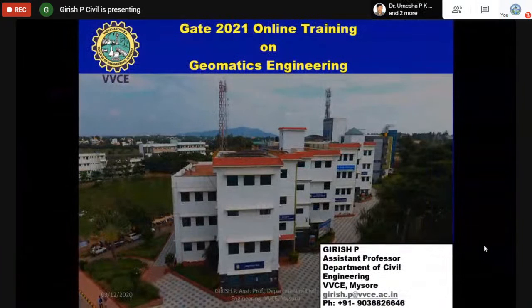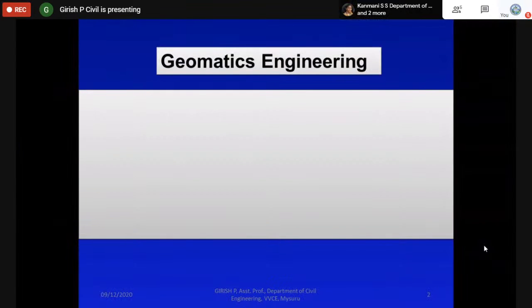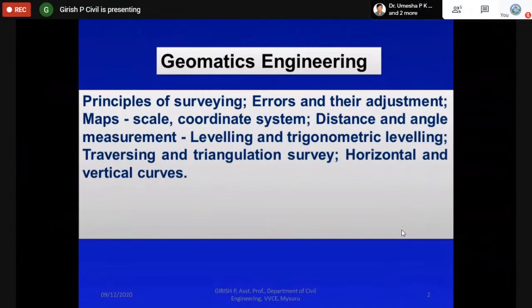So today, I'm going to be brief on the advanced mitigation tool, that is remote sensing and GIS. So coming to that, geomatics engineering. In the 5th day, second session, my friend Professor Ranjan will focus on principles of surveying and also the various factors considered in the survey.